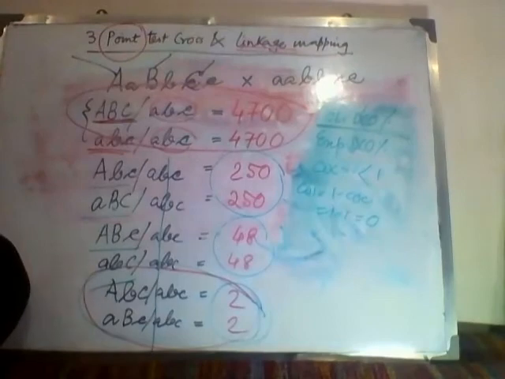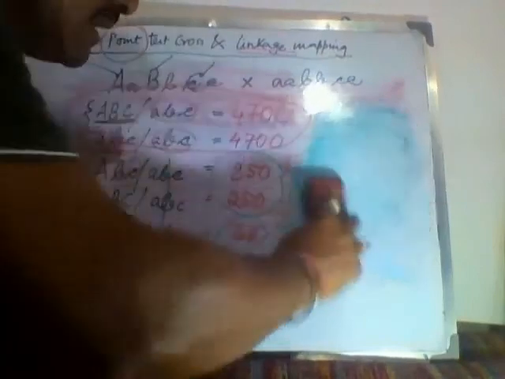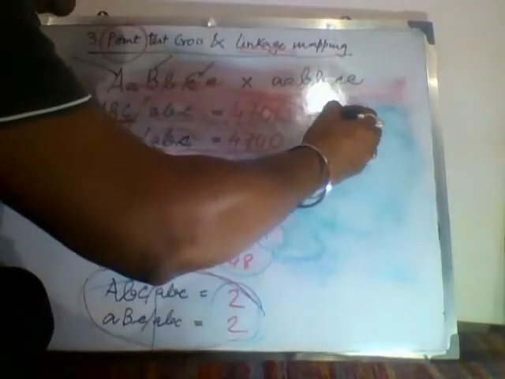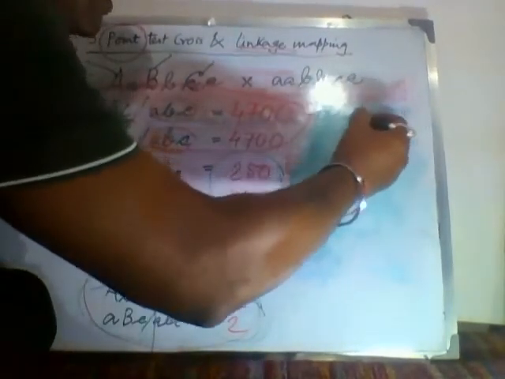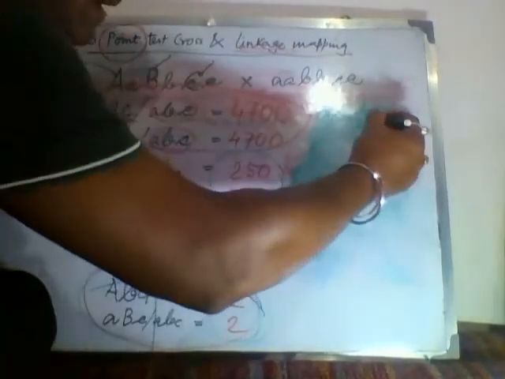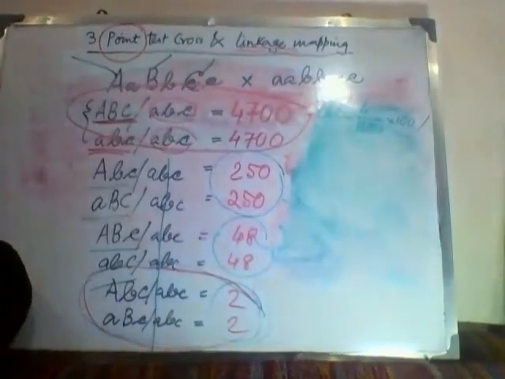So how to calculate this observed DCO percentage and expected DCO percentage from our data? The observed DCO percentage is the data that is given to you, right? This is 2 plus 2, 4, divided by 10,000, into 100. This is the percentage. It's easy to calculate.